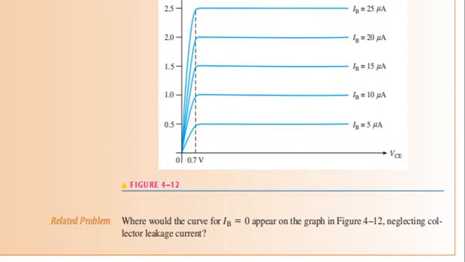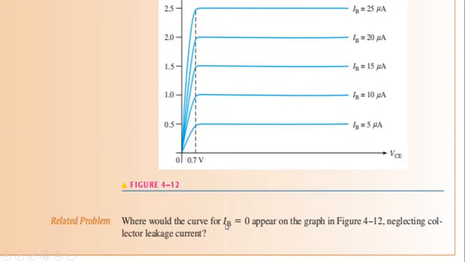So what happens is that you will get three regions of the transistor, three working regions. This is the active region, this is your saturation region, and the one below is nothing but the cutoff region.